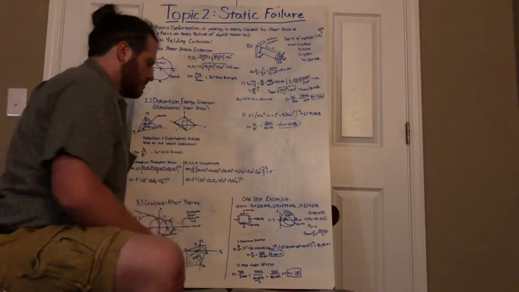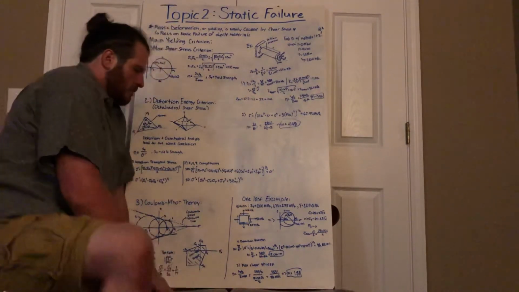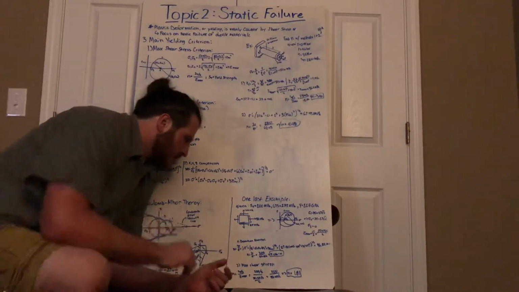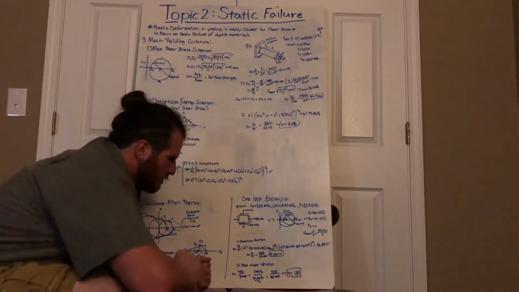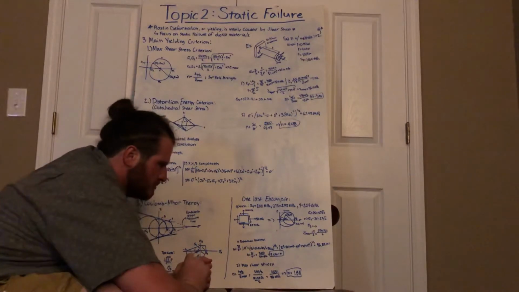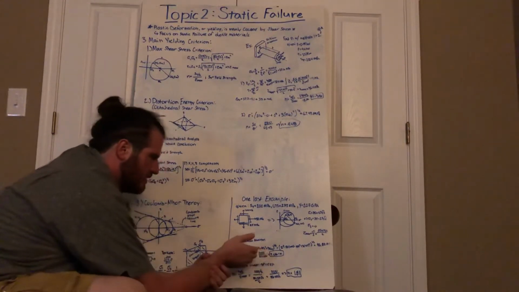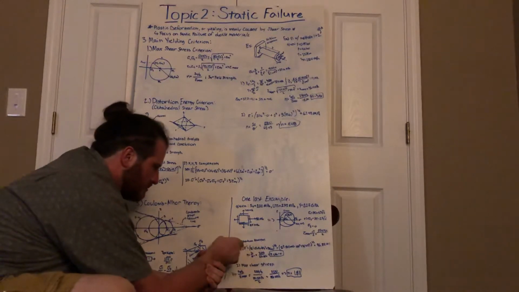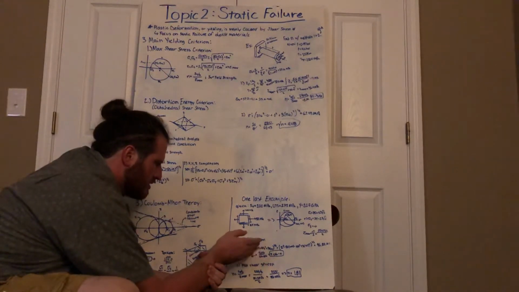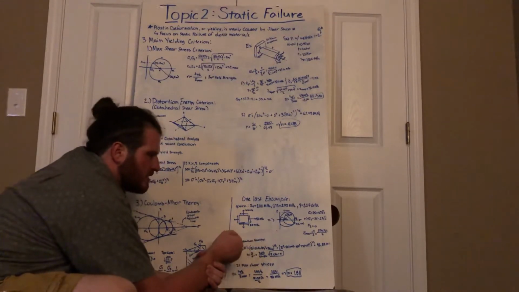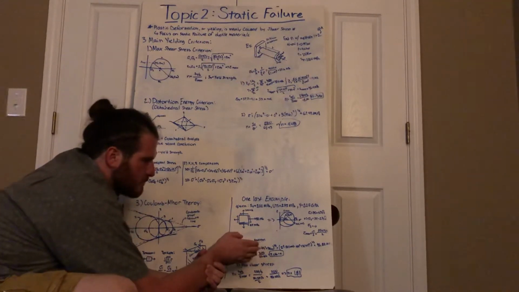Now look at it through the distortion energy analysis. Again, that would be N, or a factor of safety, being SY, the yield strength, over the sigma prime, or our principal stress, right? So our sigma prime first is what we need to define, and that's going to be sigma x squared minus sigma x sigma y plus sigma y squared plus 3 tau xy squared, to the 1/2 power.